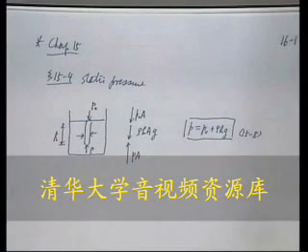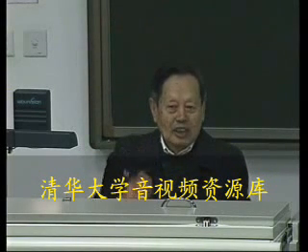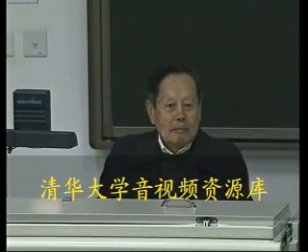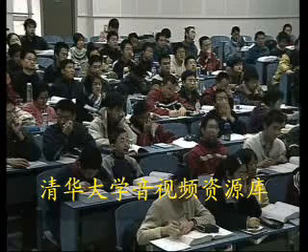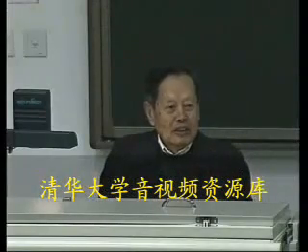Does anybody know at what depth would the pressure be 2 atmospheres? It's about 10 meters. For water, the density is equal to 1 gram per cc. And you put that in, it's about 10 meters. So after 10 meters of water, the pressure would increase by 1 atmosphere.